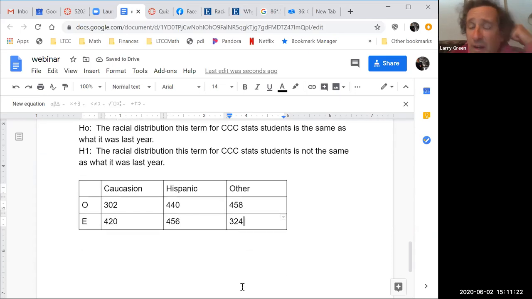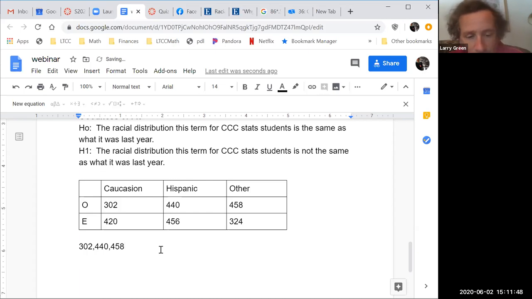Any questions at all on creating this table? Okay, so now we go and do what we did before. We go to our calculator. Let me write this out so I can go find it. 302, comma, 440, comma, 458, and 420, comma, 456, comma, 324.